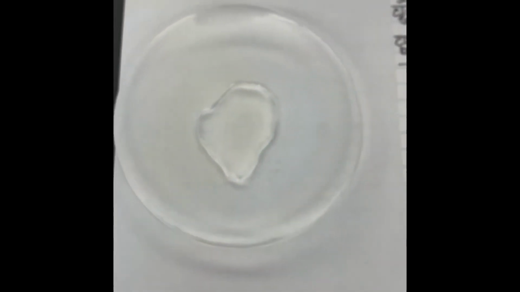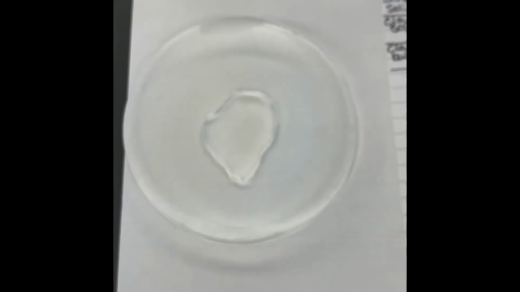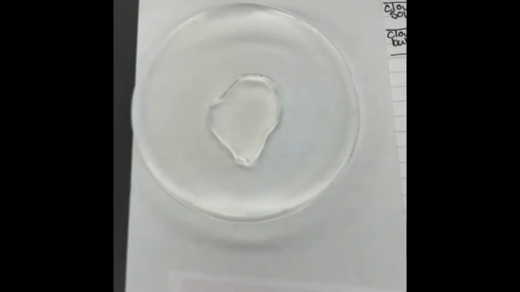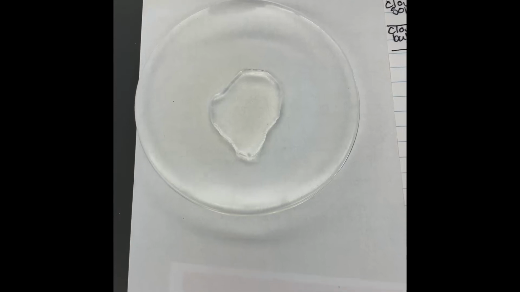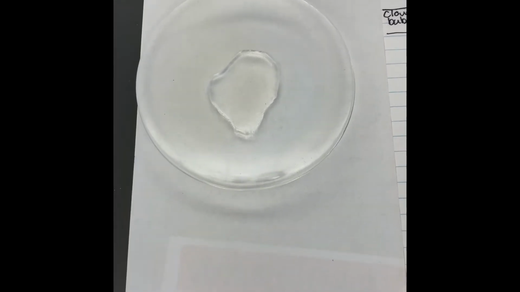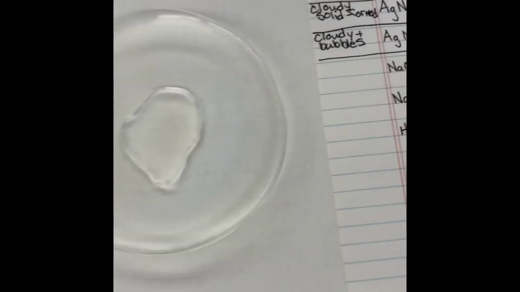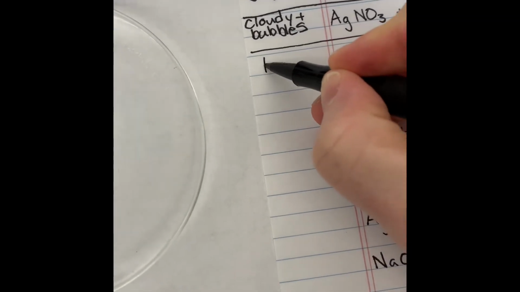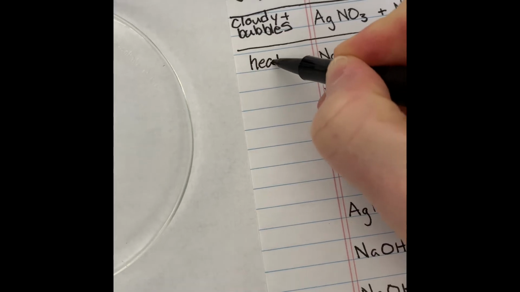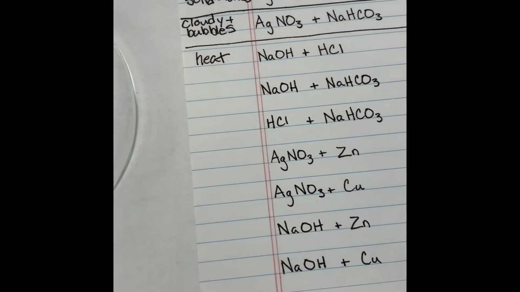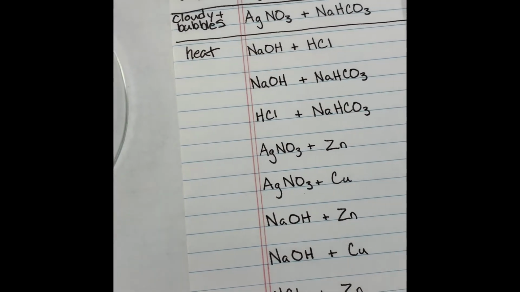And if you were in the lab and doing this reaction in a container that you were holding, you would feel that container warming up. So let's just write heat for our observation on NaOH and HCl.